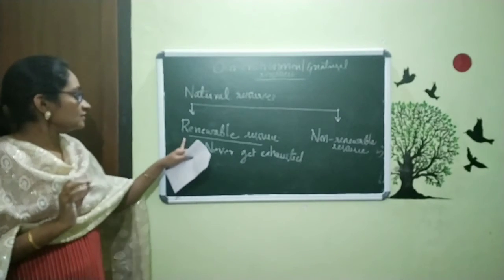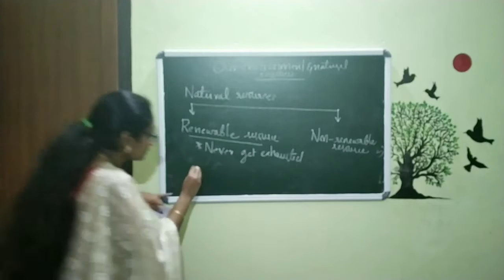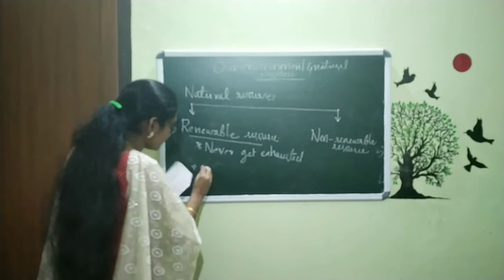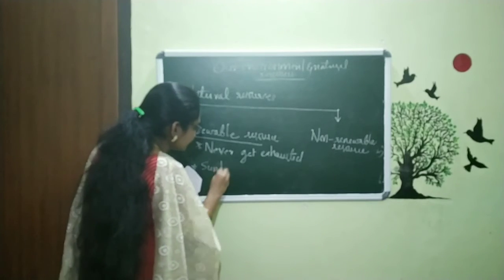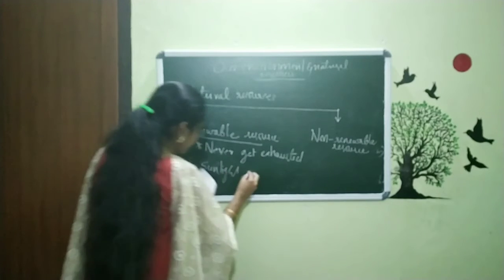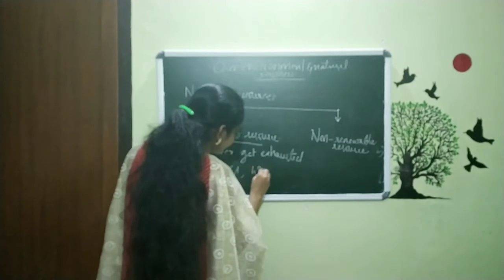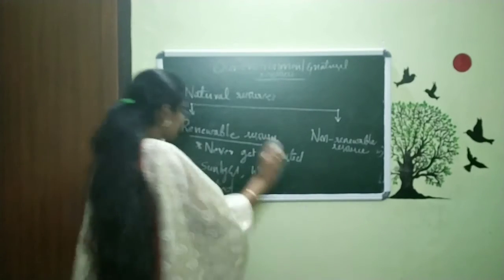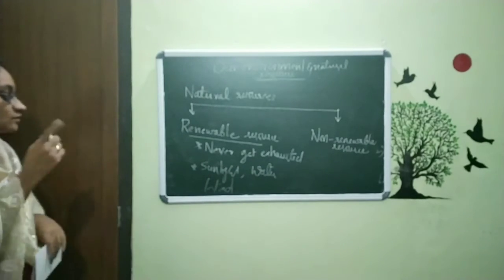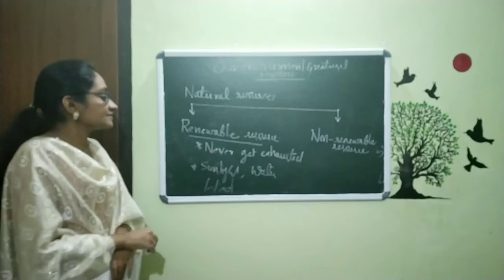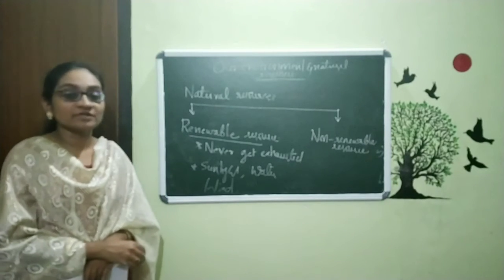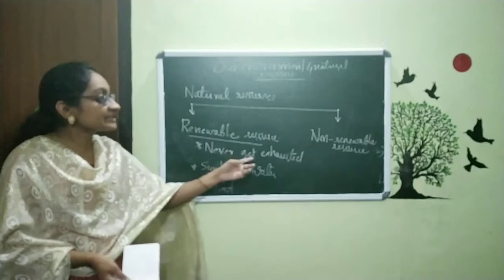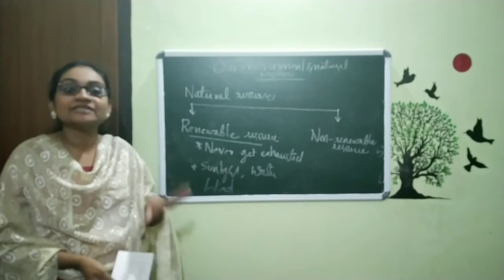For example, when you observe the examples, you will understand. The sunlight, the water, the wind. These are some examples of renewable resources. That means never exhausted, never over.